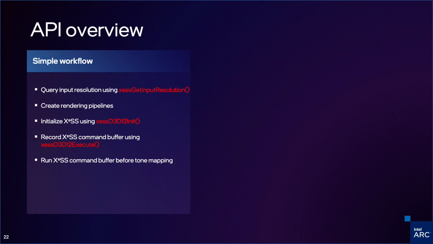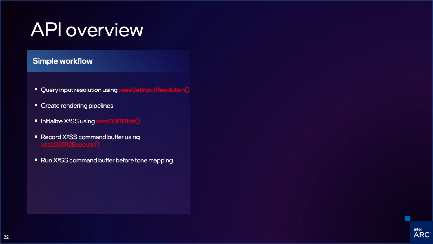Then, we will need to configure our game engine to render frames at XeSS input resolution, which is the lower than native resolution that corresponds to the chosen XeSS preset. For instance, if the output resolution is 1440p and XeSS preset is set to XeSS performance, then input resolution for XeSS would need to be 720p.